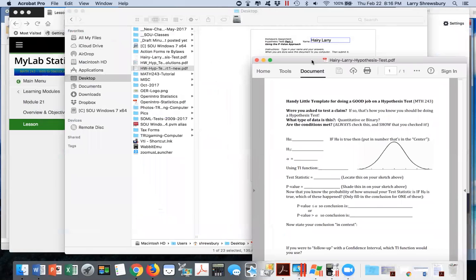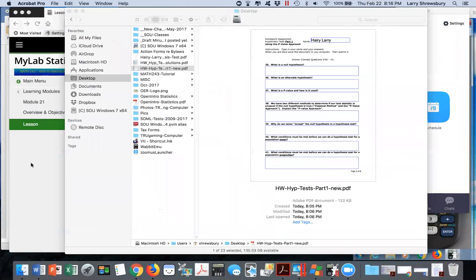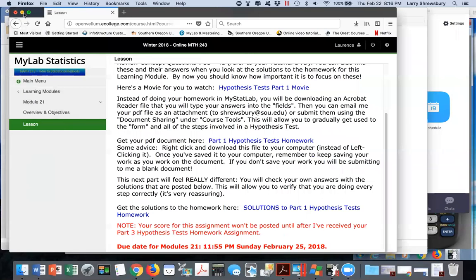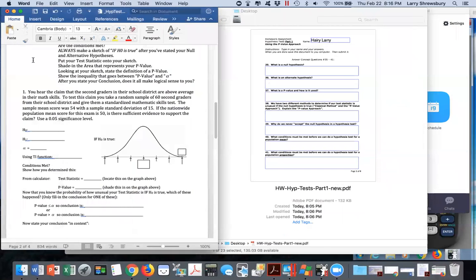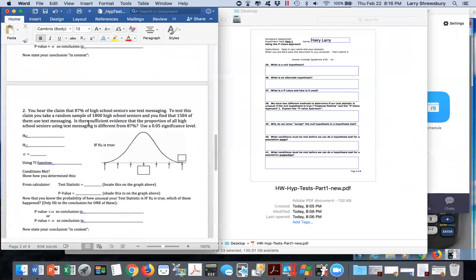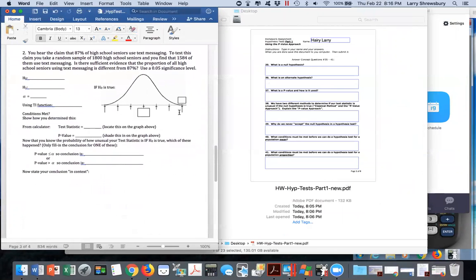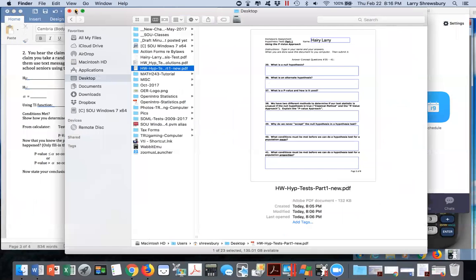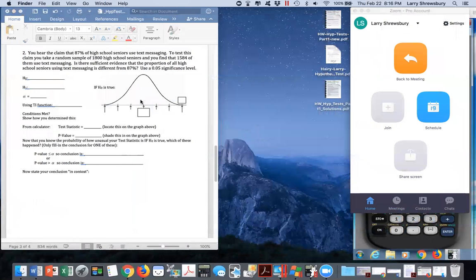So that was the template that I accidentally renamed. Let's set that aside. Okay, let's look at this one. Oh, and let's get this out of the way. Now, you hear the claim that 87% of high school seniors use text messaging.